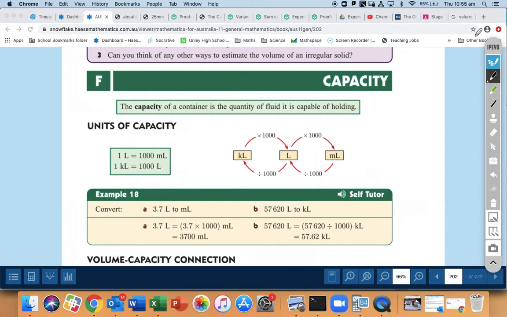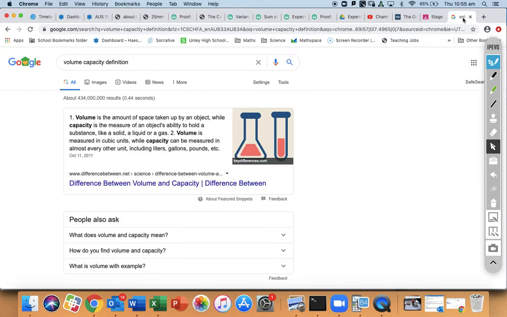I did a quick Google search because the book only really writes this one line of explanation. I said, what's volume and capacity? What are their definitions?